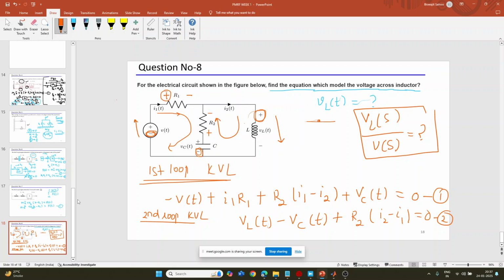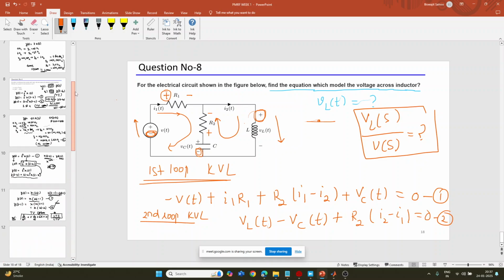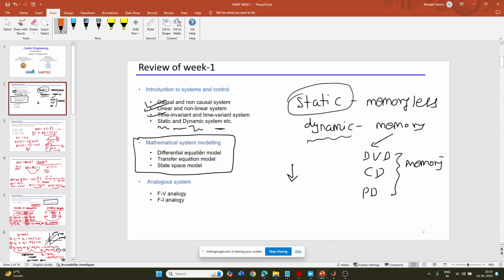So these are the questions I prepared. I have touched all the parts from the first lecture: force voltage analogy, force current analogy. The first part of the system I already completed.